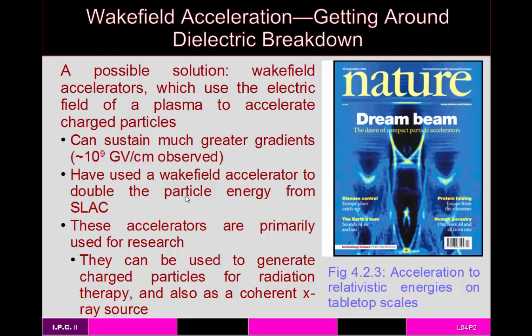The Stanford Linear Accelerator, for what it's worth, without doubling, has observed up to about 40-some GeV as the particle energy. That's giga-electron volt, to use a unit that I introduced in the last set of lectures.